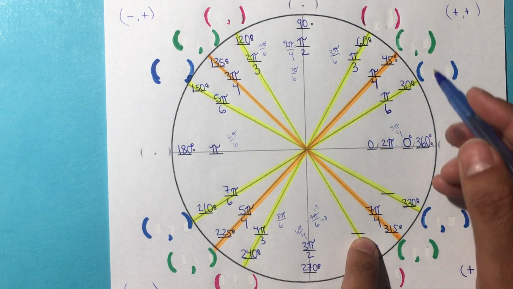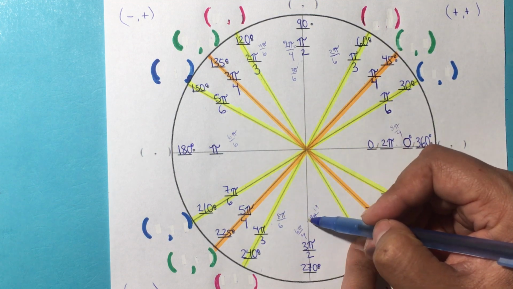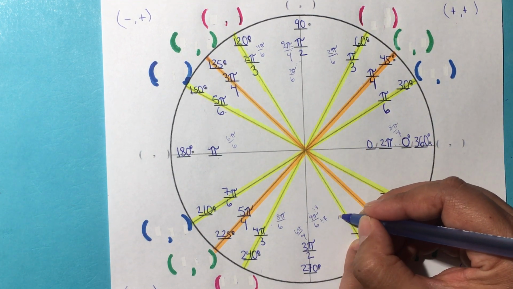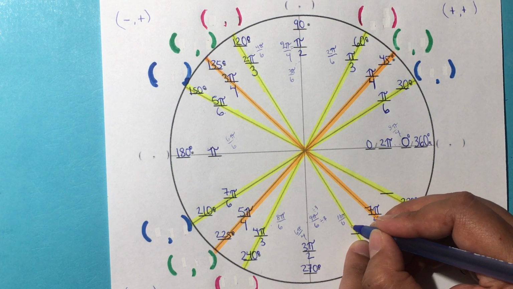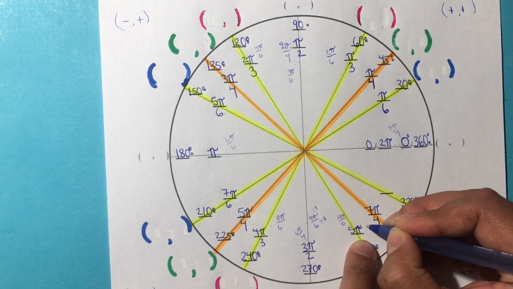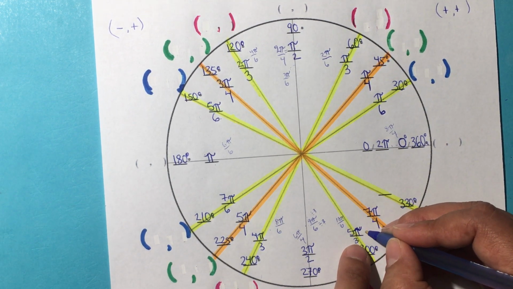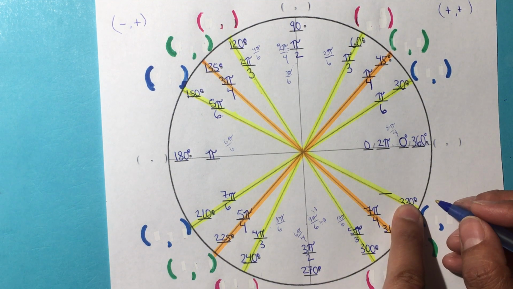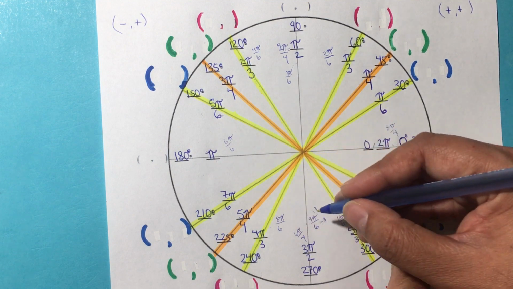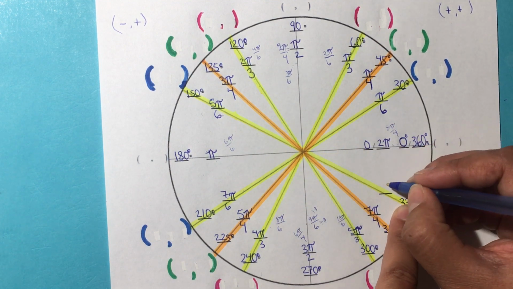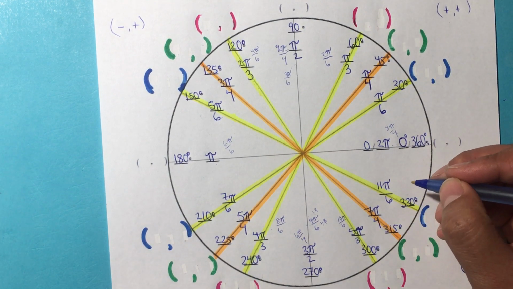For the next one, it's 1, 2, 3, 4, 5, 6, 7, 8, 9, 10. 10 is even, so that means it can be simplified. 10 divided by 2 is 5 pi. And 6 divided by 2 is 3. So 5 pi over 3. For this one, it's 1, 2, 3, 4, 5, 6, 7, 8, 9, 10, 11. 11 cannot be simplified, so it's 11 pi over 6.